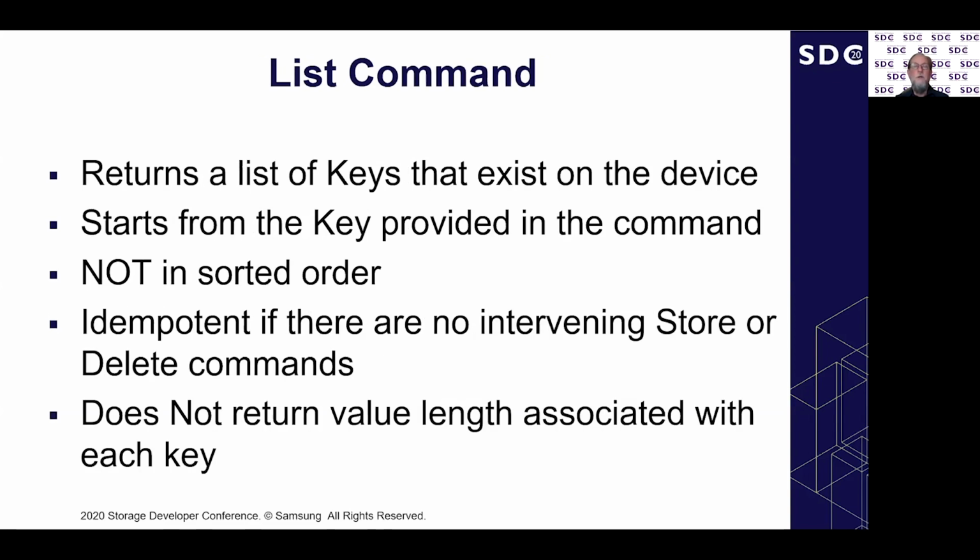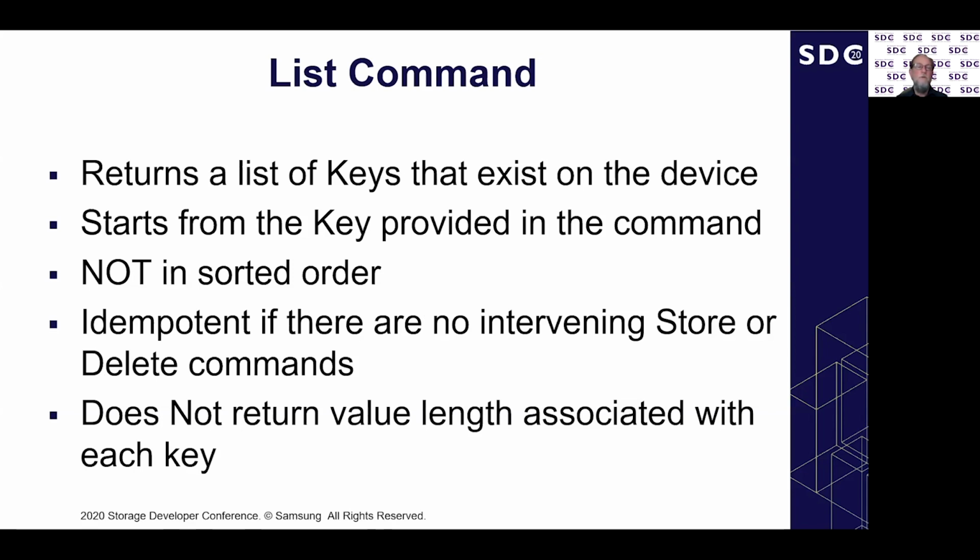The next one is a more complicated command in terms of how it operates. It is the list command. It returns a list of keys that exist on the device. It starts from the key provided in the command, assuming that key exists on the device. If that key does not exist on the device, then it starts at the beginning of its list.